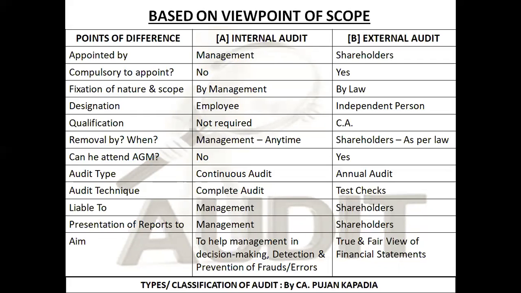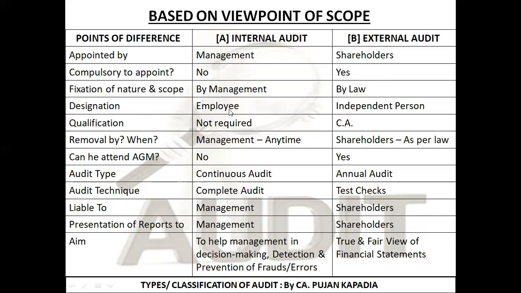So in crux, in case of internal audit, it is management who decides what work is to be performed by the auditor. But in case of external auditor, it is decided by the particular law under which such appointment has been made.